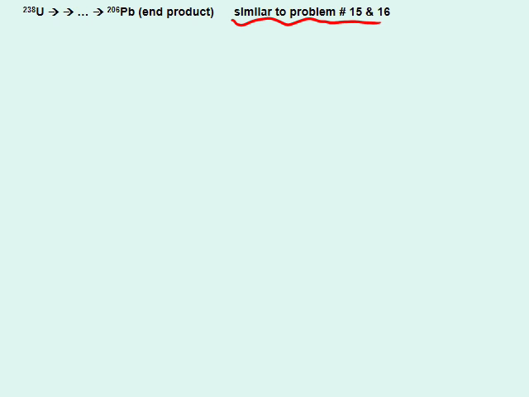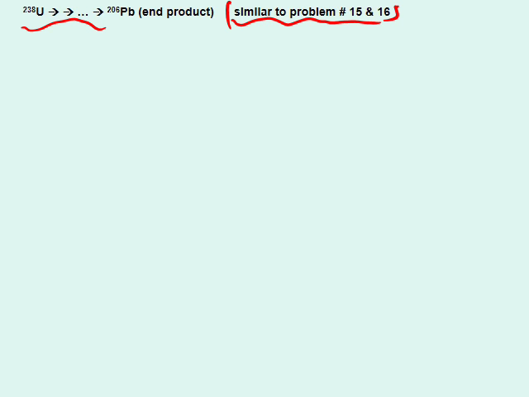Since we talked about uranium-238 changing to lead, in order to explain how we calculate the age of a rock sample, let's figure out how many alpha particles and how many beta particles will be coming out before it changes to lead-206. If you understand it, you should be able to do both number 15 and 16.